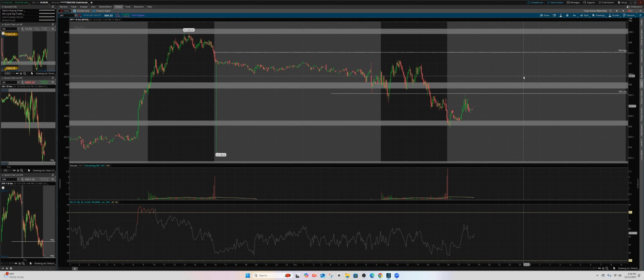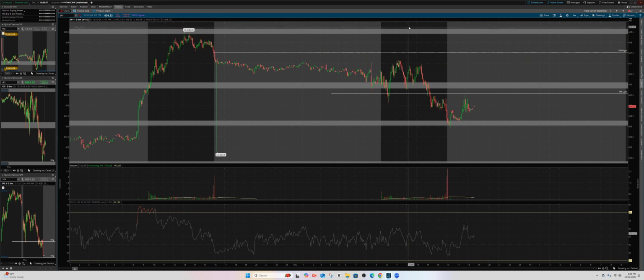FVGs work best next to a supply demand zone. Kim, I don't know if you saw what I mentioned earlier, but if you're breaking above a zone, sure. But if say you're looking for an upside entry, for me, it wouldn't be that great to be trying to buy right below a supply like that.